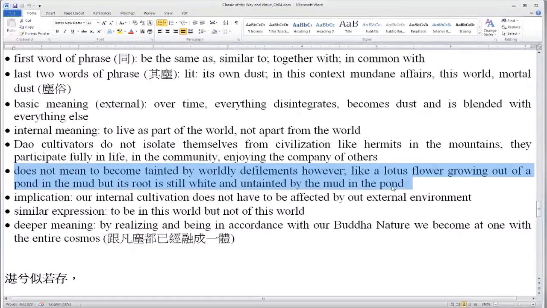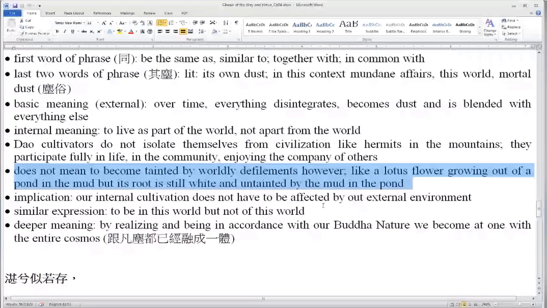It's like a lotus flower. A lotus flower grows from mud, soil, dirt. But yet its root is not tainted by the soil, because its root is still white and pure.